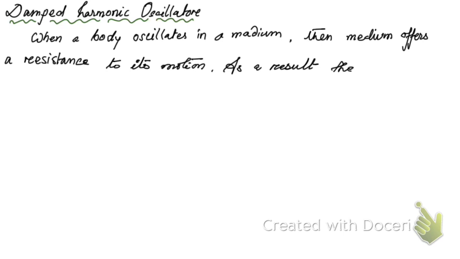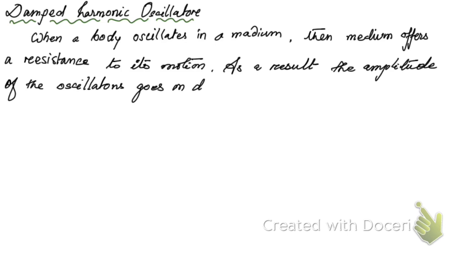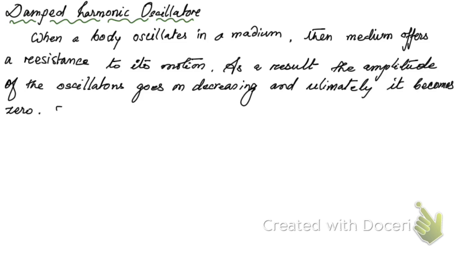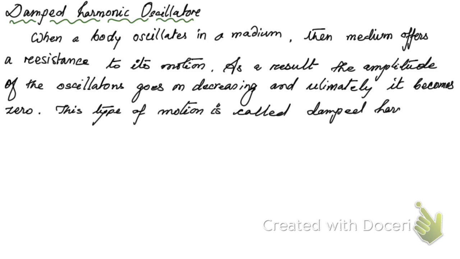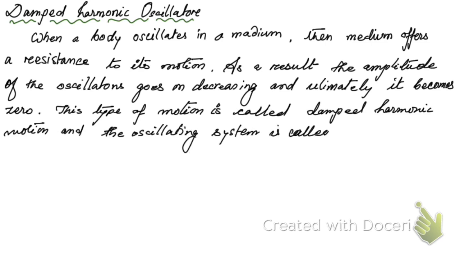As a result, the amplitude of the oscillation goes on decreasing due to the resistance provided by the medium, and ultimately it becomes zero. This type of motion is known as damped harmonic motion, and this oscillating system is known as a damped harmonic oscillator.